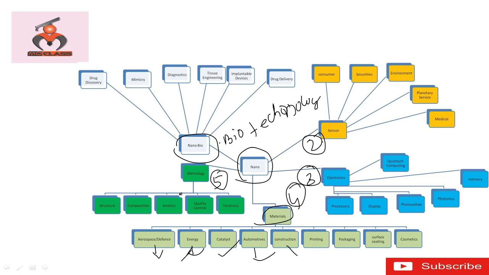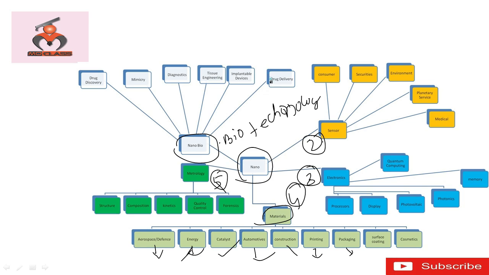Next is the printing industry, where we can print very high quality printing materials. In cosmetics and beauty products, nanomaterial is playing a major role. In day-to-day life, everyone is using some cosmetic products, so we will also discuss how nanotechnology has a major role in this area. Then biotechnology and nanobiomaterial, and how it is helping society.